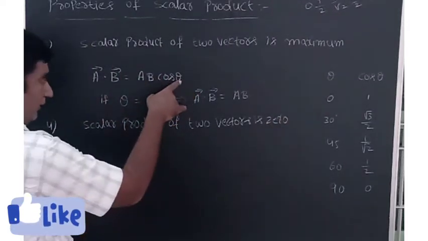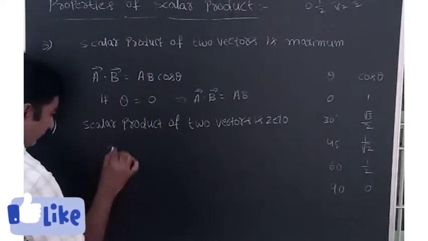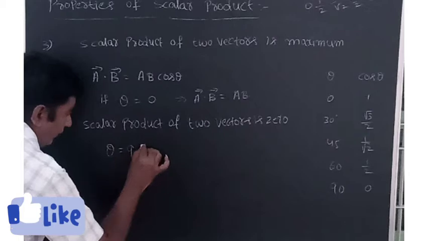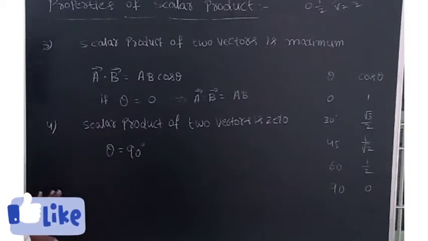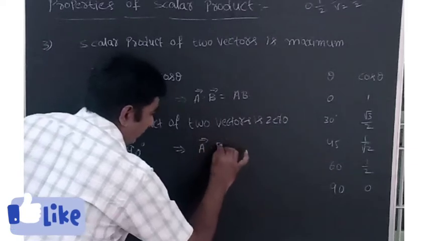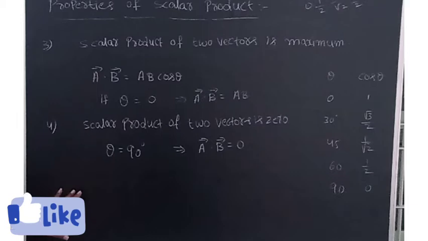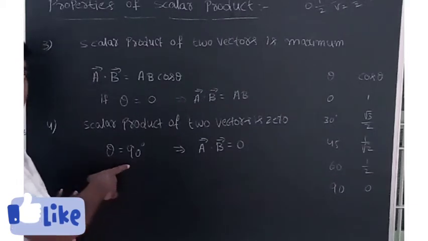If this cos theta value is 0, then the entire term will be 0. In such a case, when theta is equal to 90 degrees, A vector dot B vector is equal to 0. This 90 degrees we can call perpendicular or orthogonal also.